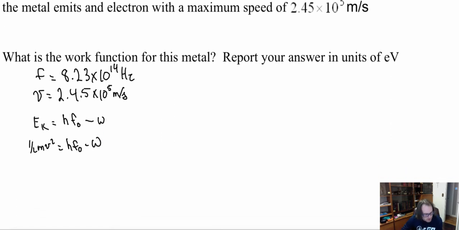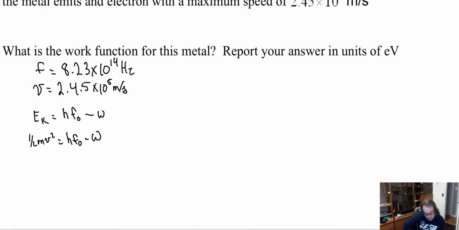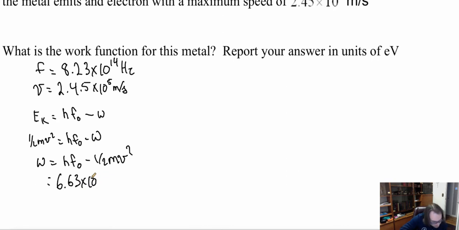All right? So now we're trying to isolate for the work function, so let's isolate for that work function. We're going to rearrange my formula. Okay, so now we're going to use substitution, substituting everything we know. We know Planck's constant is 6.63 times 10 to the negative 34 joule seconds, and we know my frequency is equal to 8.23 times 10 to the 14 hertz.